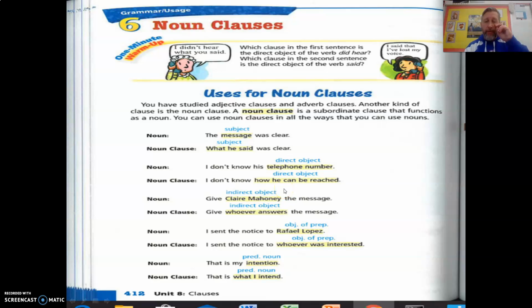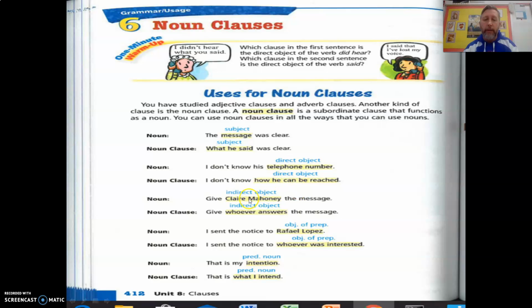Now, as maybe you remember, you cannot have an indirect object without a direct object in the sentence, because indirect objects answer to whom or for whom about the direct object. So in this particular case, give what? The message.